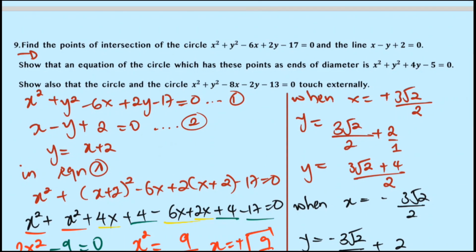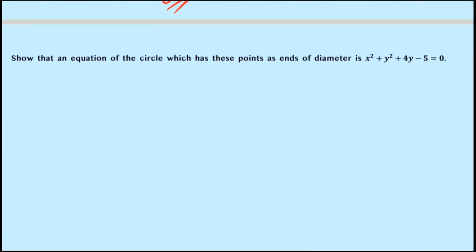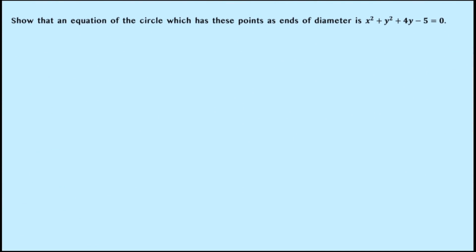Let's move on to part number 2. Show that an equation of the circle which has these points as ends of a diameter is equal to this.